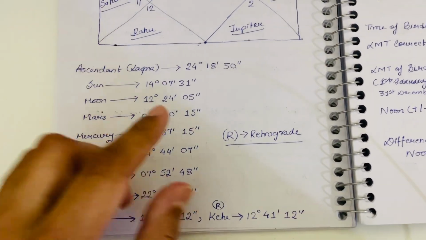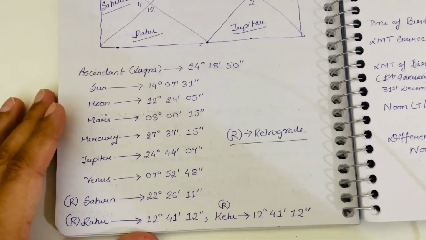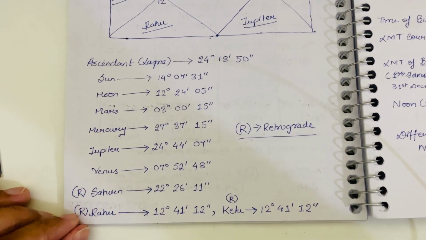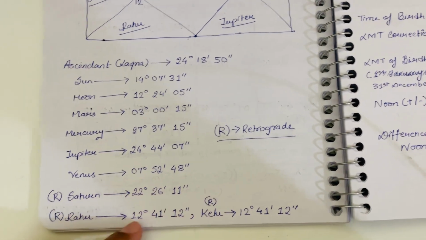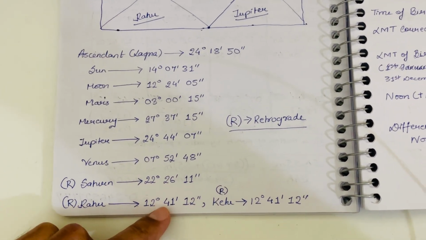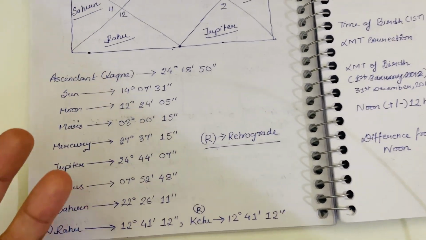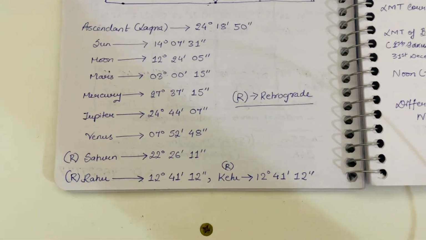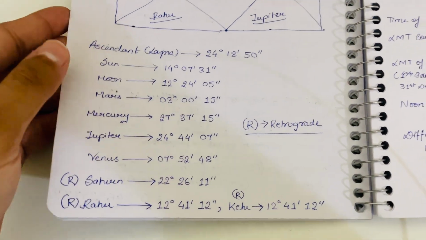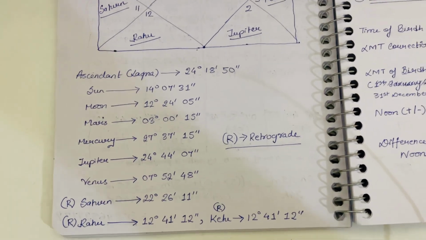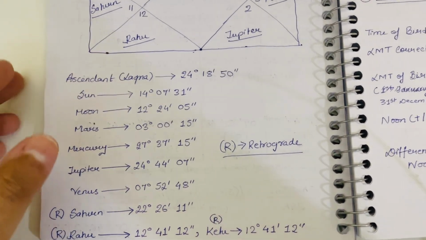Whatever we have calculated, I have just noted down the values over here. Saturn I have marked as retrograde. Rahu is retrograde and Ketu will also be retrograde. The longitude of Ketu will be exactly the same as the longitude of Rahu. I'm sure you know that Rahu and Ketu both have the same longitude.